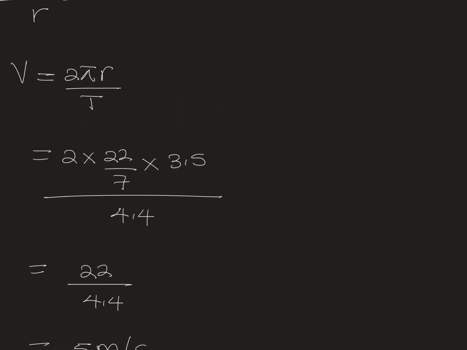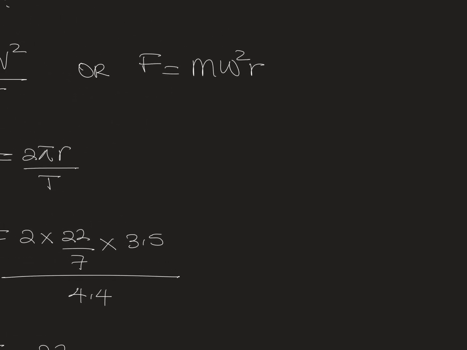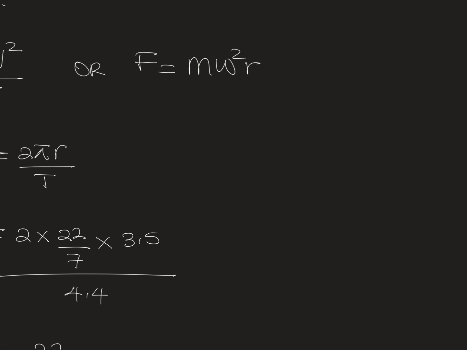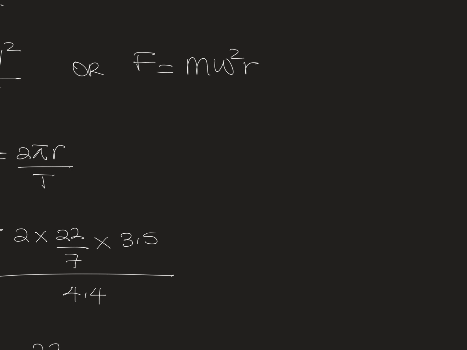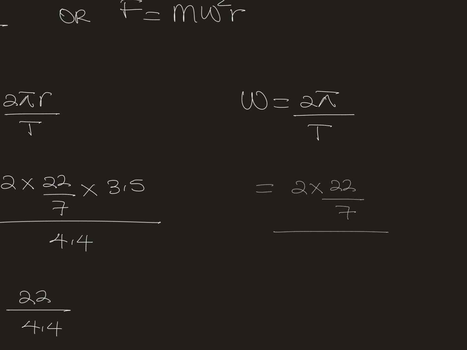All right. So if we want to find the angular velocity, we can also do that. The formula for angular velocity is 2 pi divided by the period. Okay, so that's going to be 2 times pi, which is 22/7, divided by the period, 4.4. So that will be 2 times 22/7 divided by 4.4.